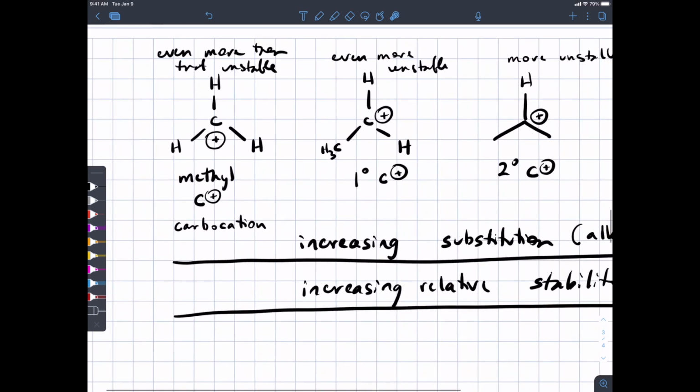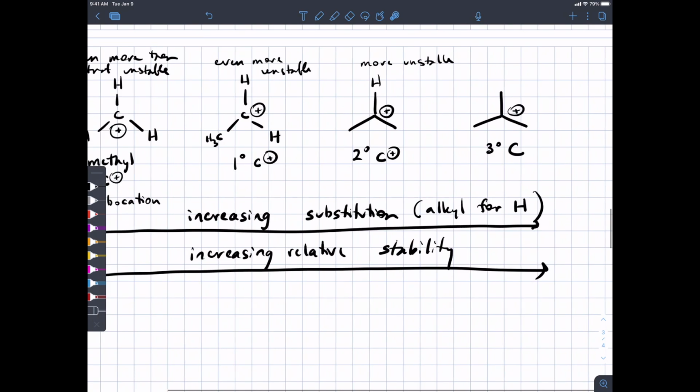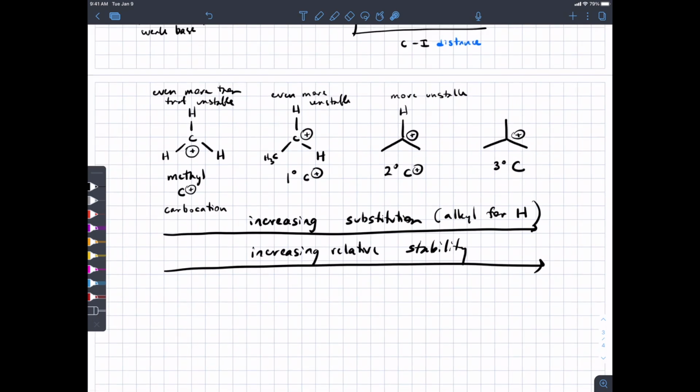First, let's notice the structure of the carbocations. What is the hybridization of the positively charged carbon in each case? Yeah, the positively charged carbon is sp2, and therefore the geometry about that carbon must be trigonal planar, and each carbocation has an empty p orbital, which is the LUMO.